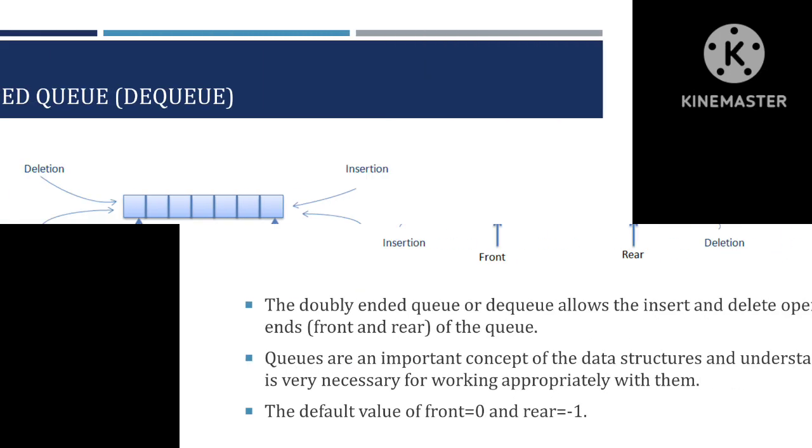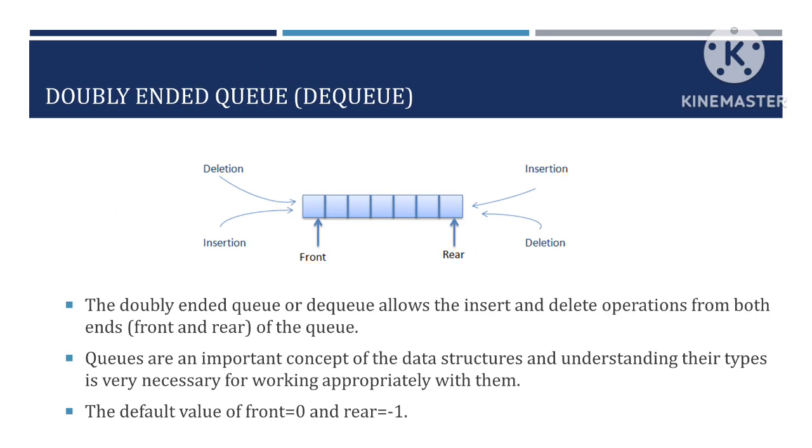Then the third type is the double-ended queue, which is also called DEQ. In the case of a double-ended queue, it is an exceptional case where insertion and deletion are both done from the rear end as well as the front end. That means you can insert an item from the rear end, and you can also delete an item from the rear end.